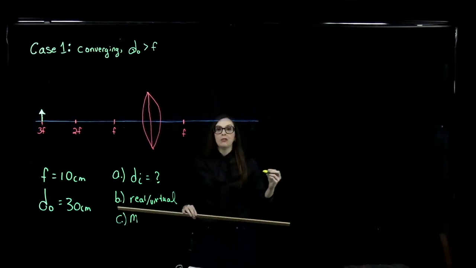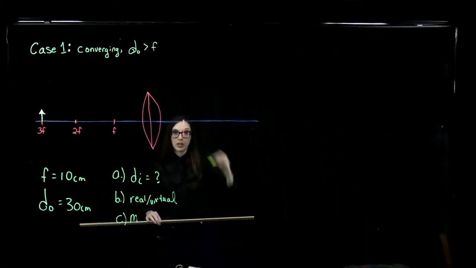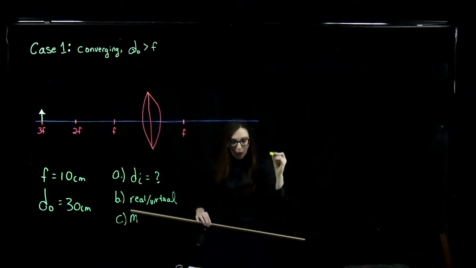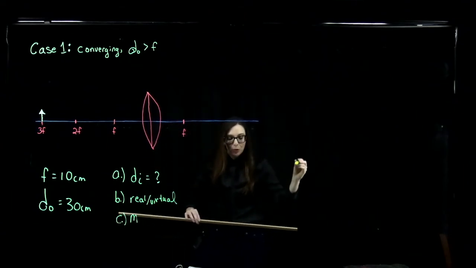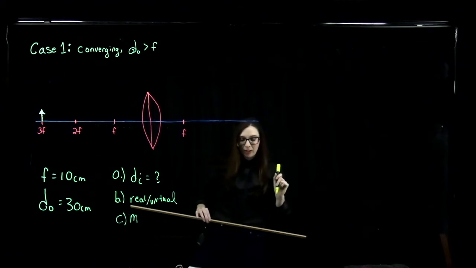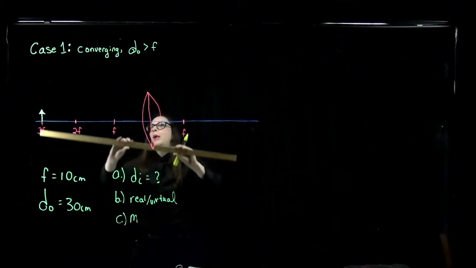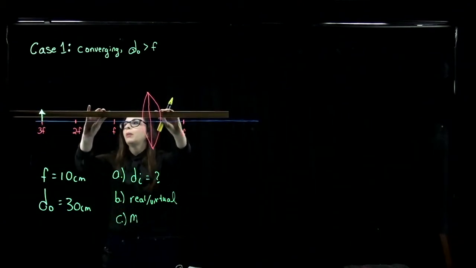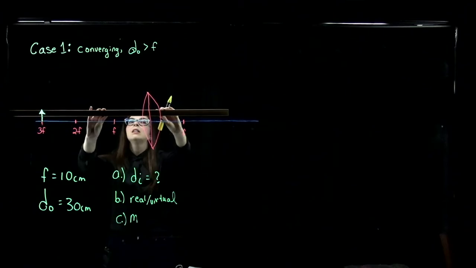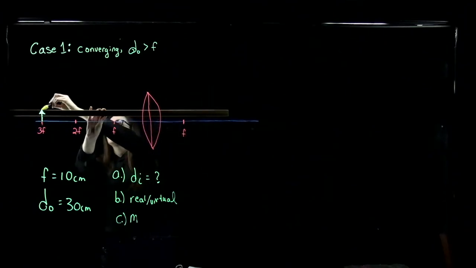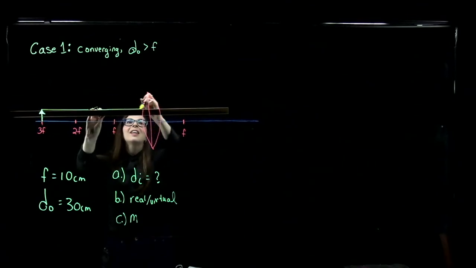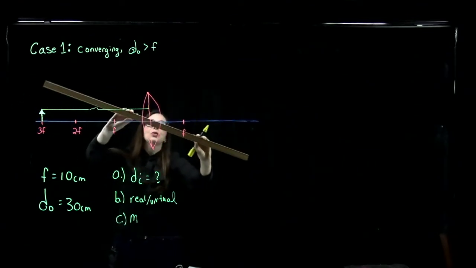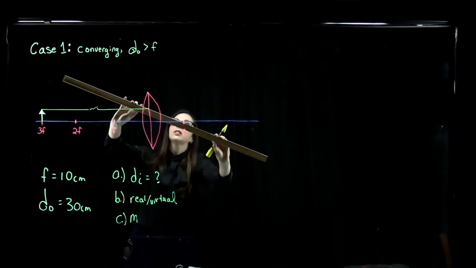Our first rule for ray tracing for converging lenses: a ray entering a converging lens parallel to the axis passes through the focal point of the lens on the other side. So what does that mean? I've got to go parallel to the axis, and then I have to pass through the focal point on the other side.